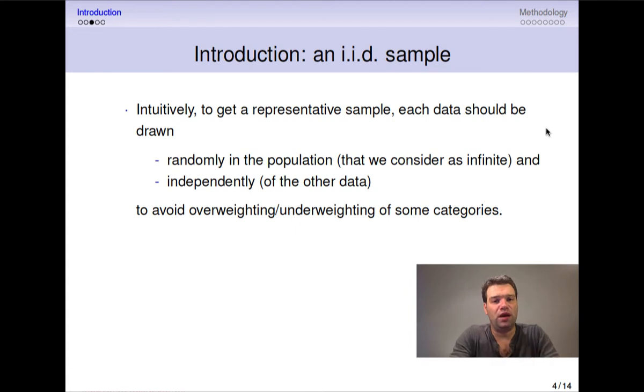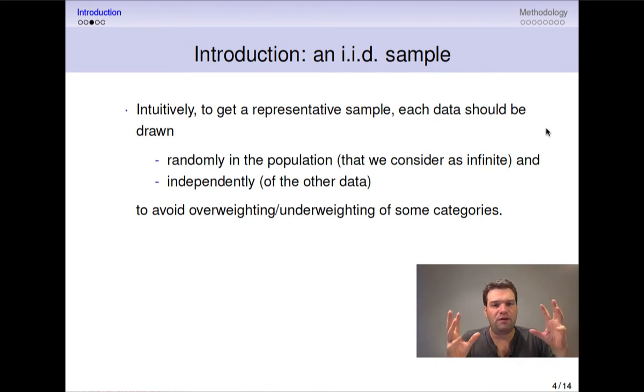This is the best way to construct a representative sample, meaning a sample that does not intentionally overweight or underweight some categories in the population. If you imagine an enormous Excel list where you pick up people at random, and also independently, that means that when you pick up one individual, the next individual that you pick up does not depend on the previous individual or any other individual that has been picked up before.